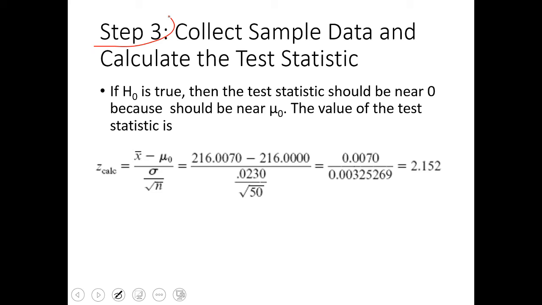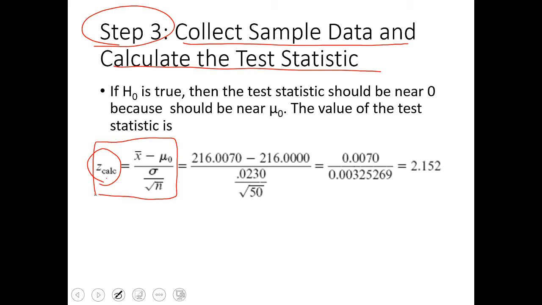So in step 3, we calculate the sample data and the test statistic. The test statistic is given by this equation as we studied in the previous slide. So our test statistic is z equals x bar minus mu 0 divided by sigma divided by square root n.